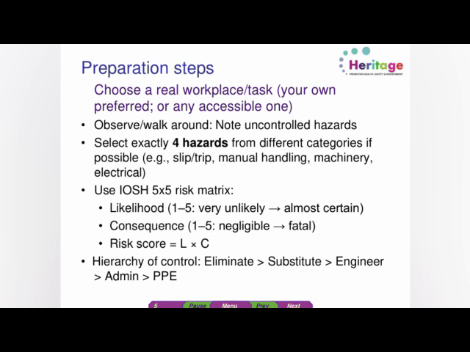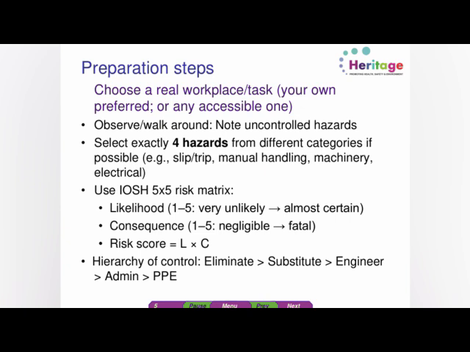Step 2. Walk around the area and observe carefully. Look for hazards that are not adequately controlled. You only need 4 significant ones. Step 3. Select exactly 4 hazards, ideally from different categories. This shows good understanding.